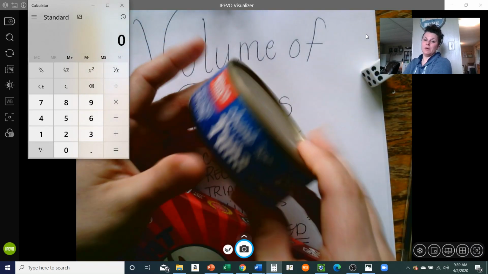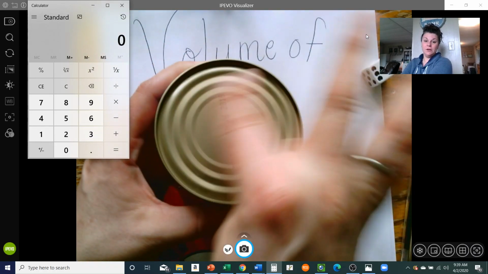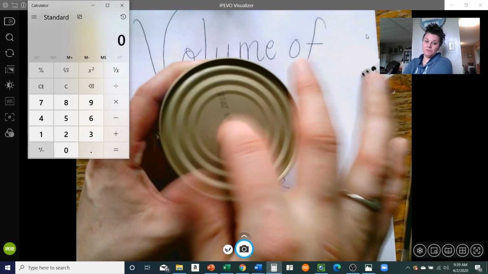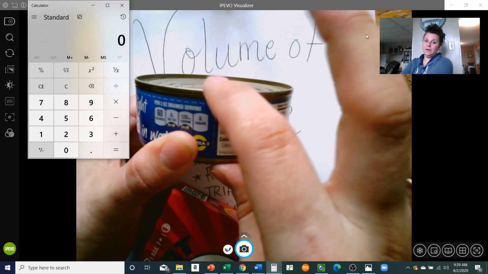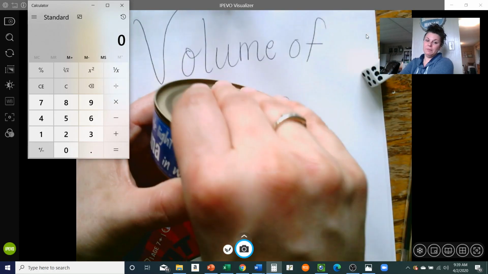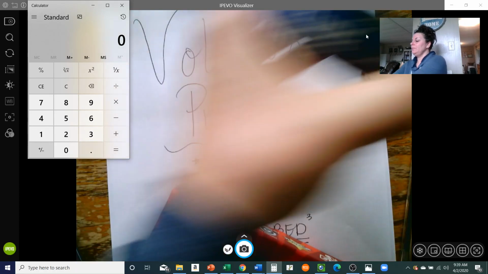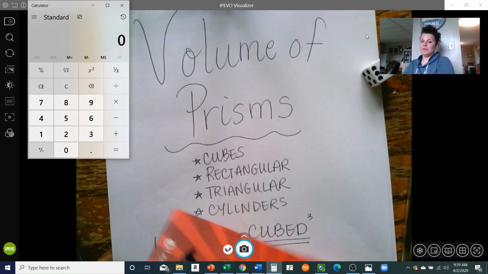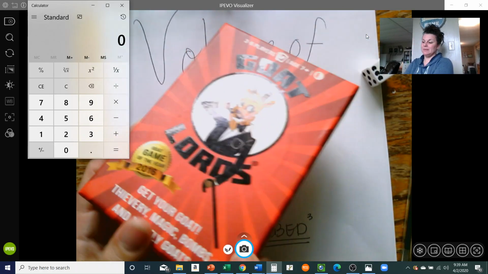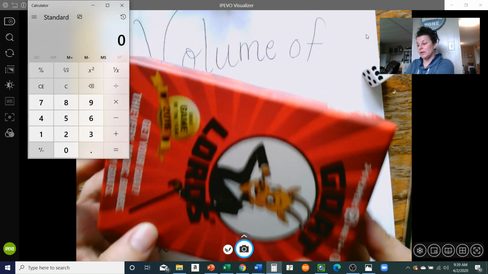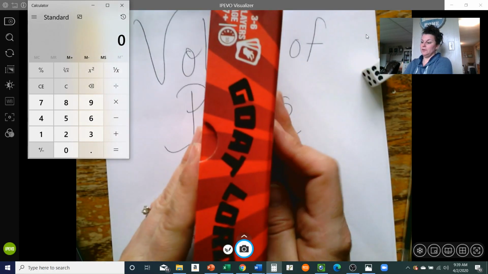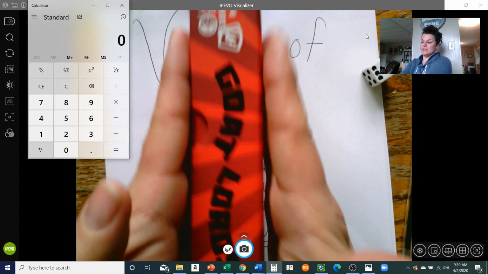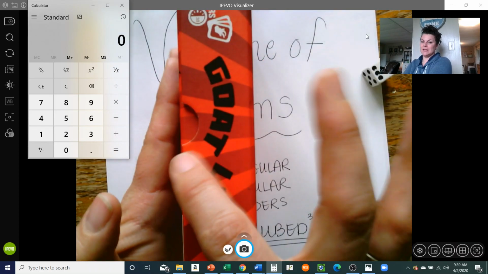And if I take my cylinder and find the area of the circle on top and multiply it by the height of the cylinder, that will give me the volume of the cylinder. And the same thing for the rectangular prism. The rectangular prism is different though because you can pick many different bases. I could have these two sides be the bases and then this is the height.